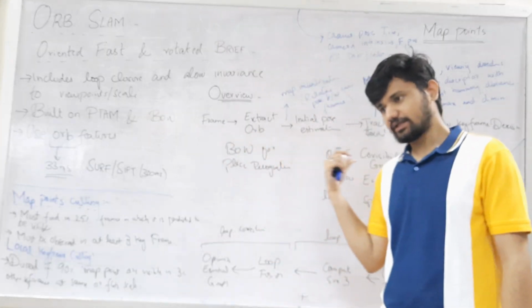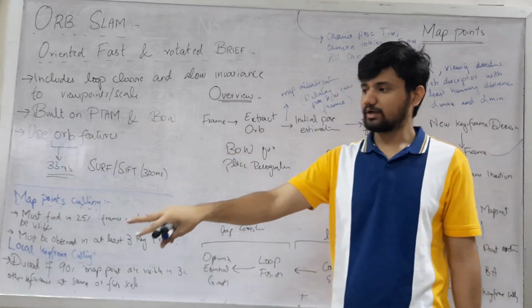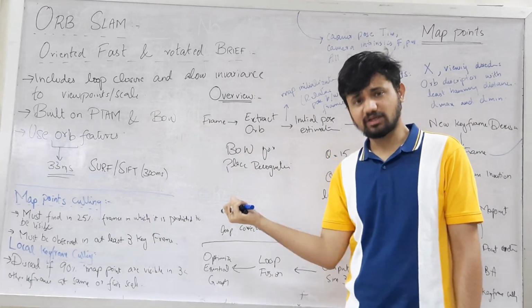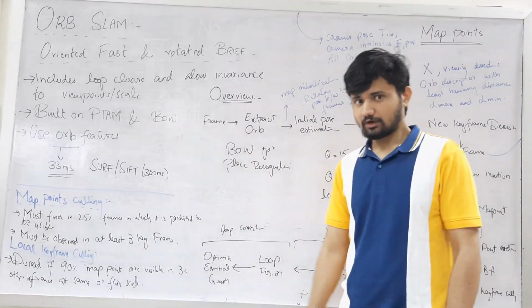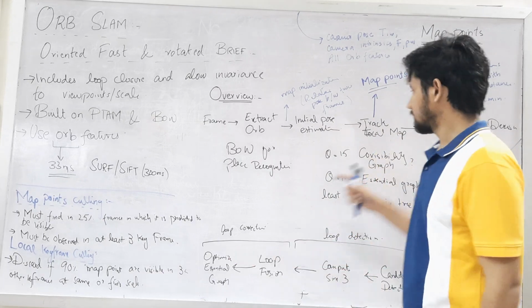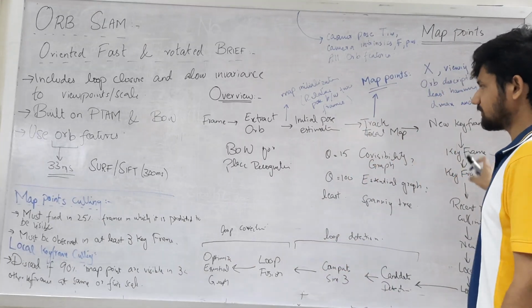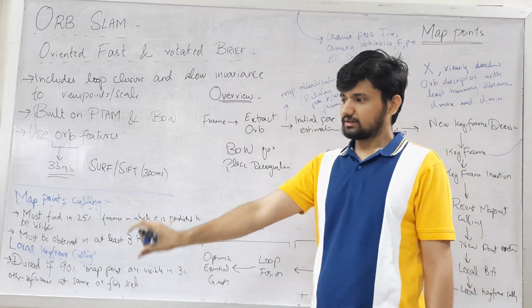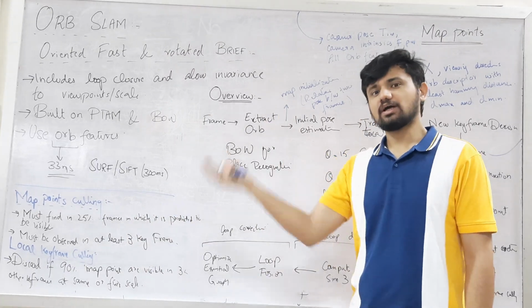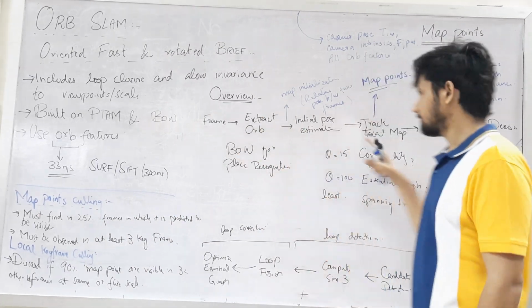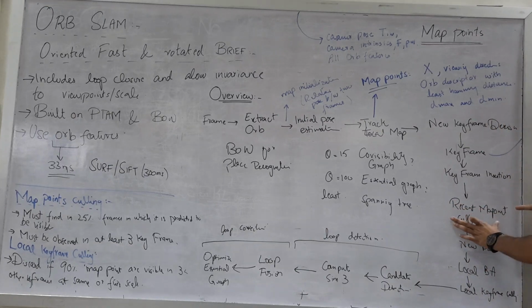But later in the process, the map points as well as the keyframes can be culled, can be deleted. So when the whole process begins, the keyframes and map points are collected with a generous policy, but later in this stage these are culled.